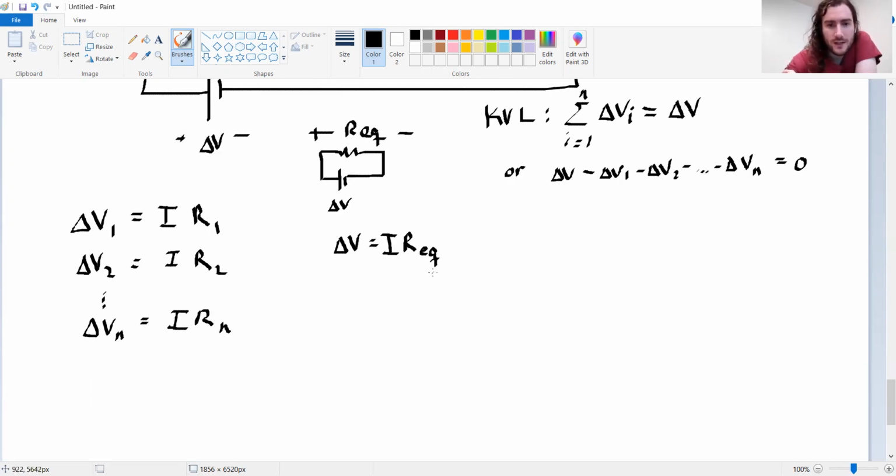So now we want to use the fact that I is the same everywhere. Let's actually use the summation that we wrote before. So let's sum all of these terms up now. Okay, we'll write down a sum.